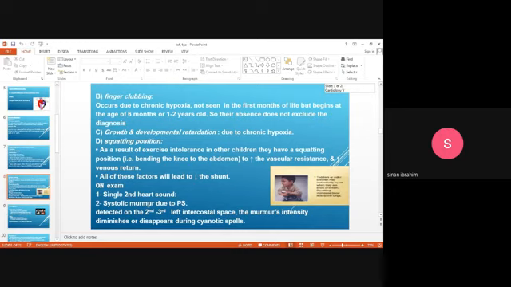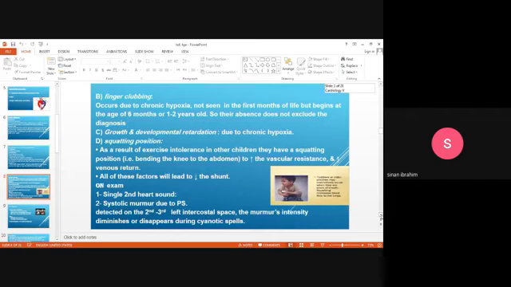And as we said earlier, this murmur intensity will disappear during spells. This is a common mistake when I ask the students what murmurs we hear in the patient with TOF.